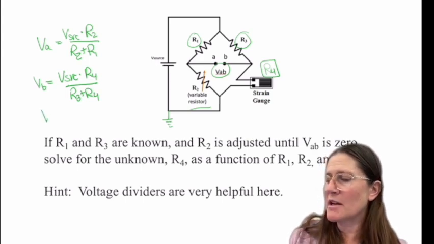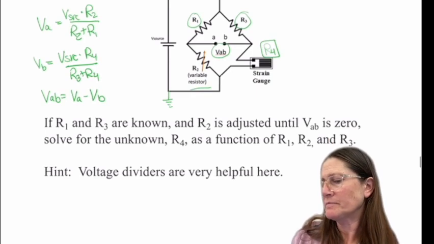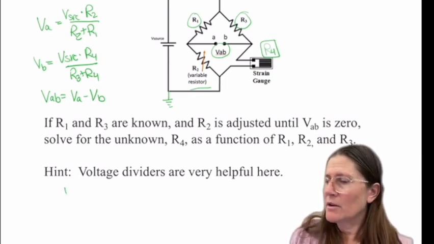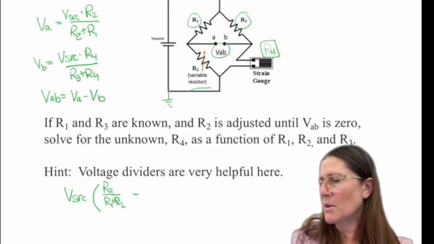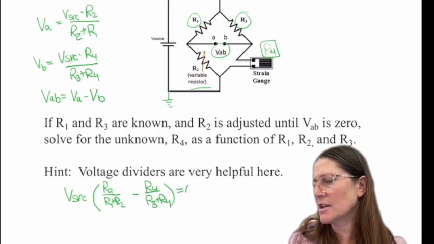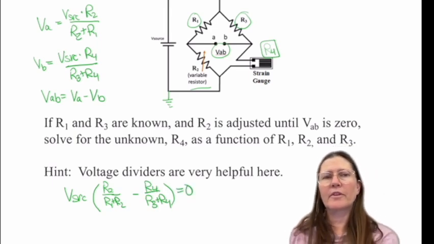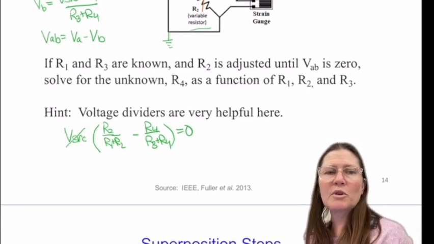So VAB is going to be the difference between those two, VA minus VB. So V source, and then this one will be R2 over R1 plus R2, minus R4 over R3 plus R4, and that's going to equal 0. So this will remove out the V source.